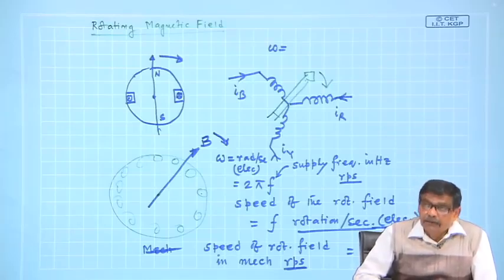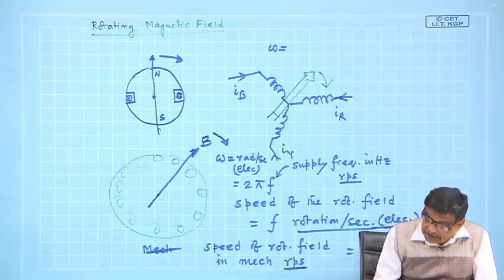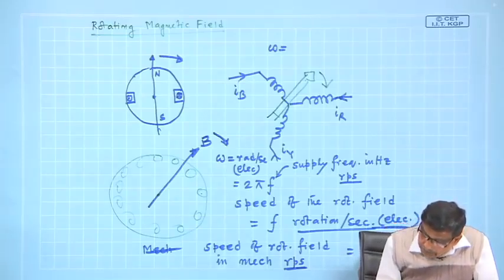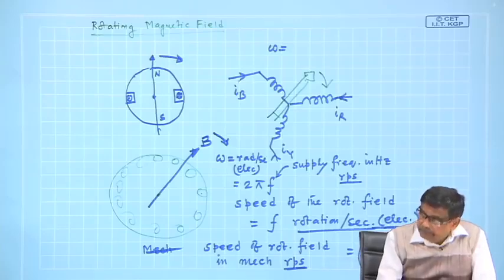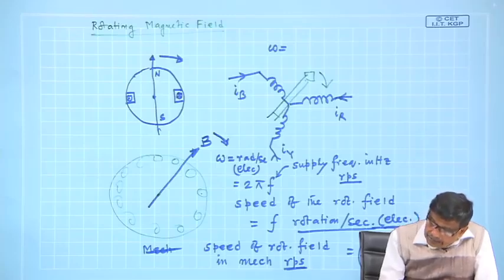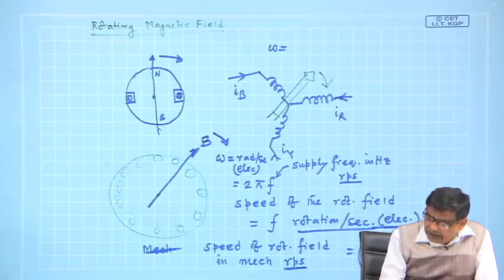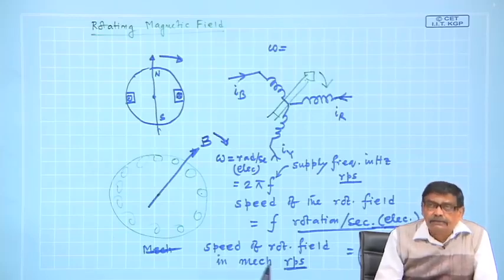If I want to calculate mechanical speed, this is electrical speed. So, I must multiply with this factor 2 by p. And this is generally denoted by this letter ns.